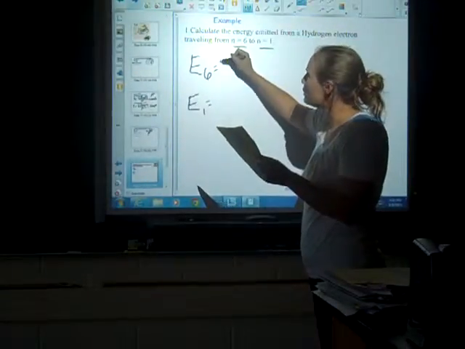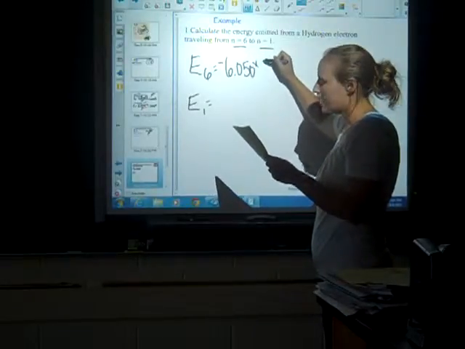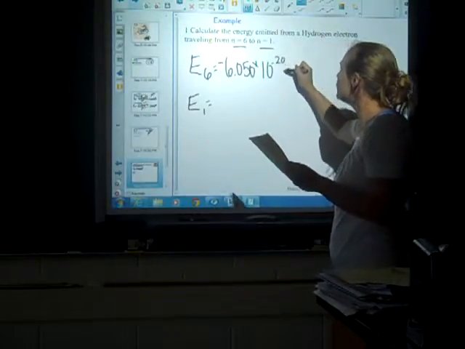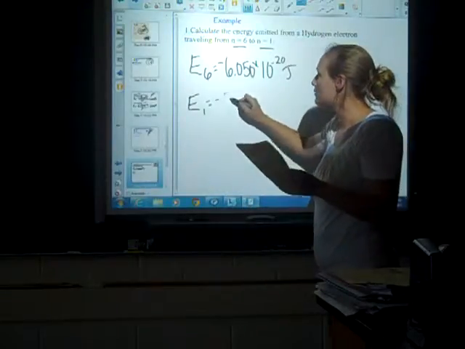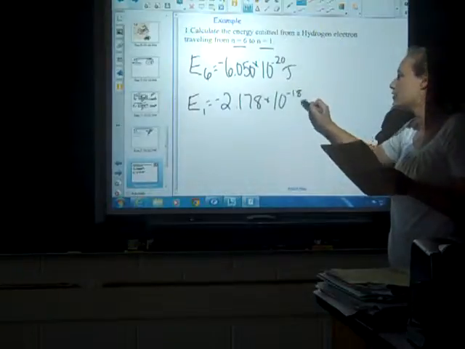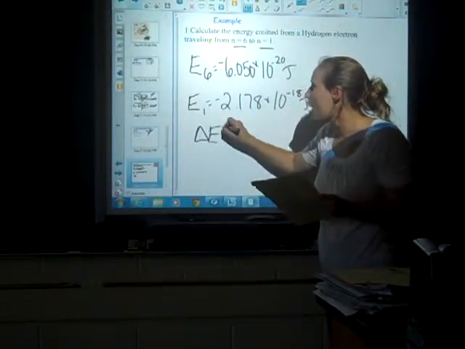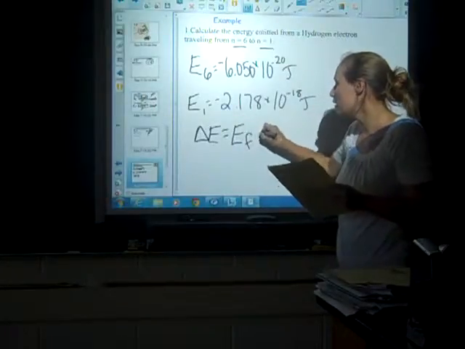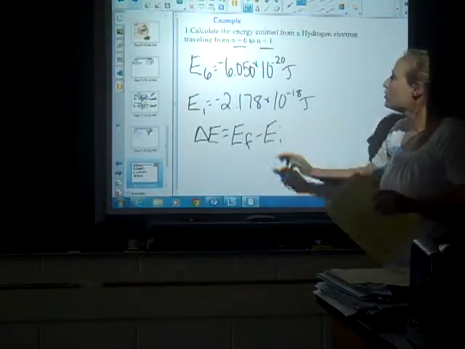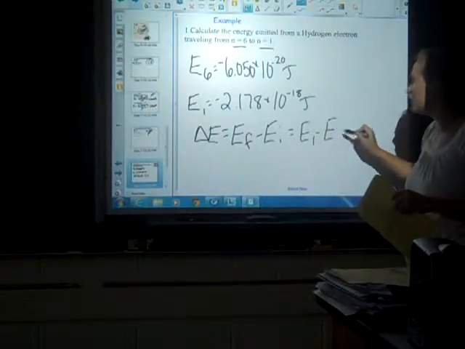The 6th energy level was negative 6.050 times 10 to the negative 20th joules. And the 1st was negative 2.178 times 10 to the negative 18th joules. All right? So if I want to figure out how much energy is lost, it's always E final minus E initial. So my final is 1, and my initial is 6.